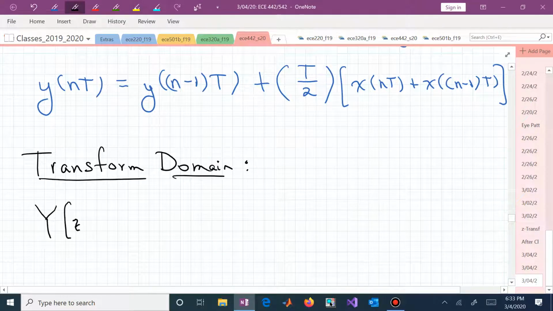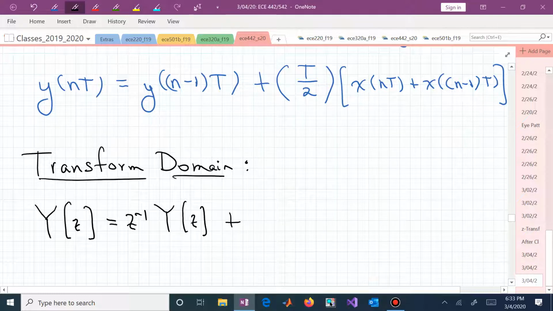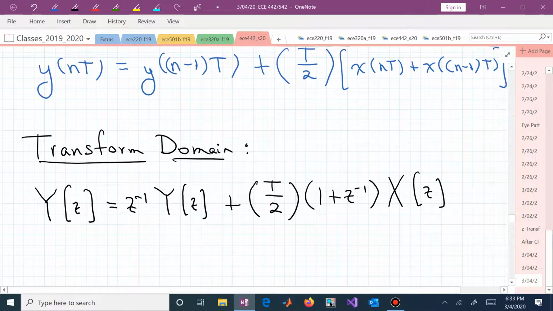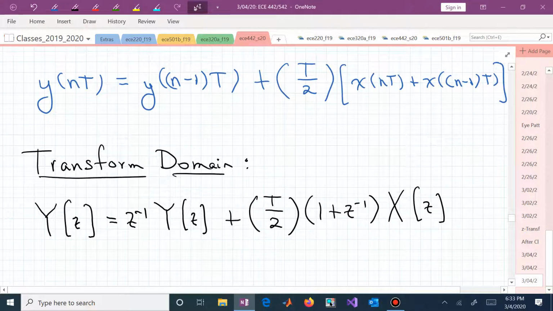Y of z equals z to the minus 1 capital Y of z plus T over 2 comes straight through, then we have 1 plus z to the minus 1 capital X of z. Everyone following where that came from?